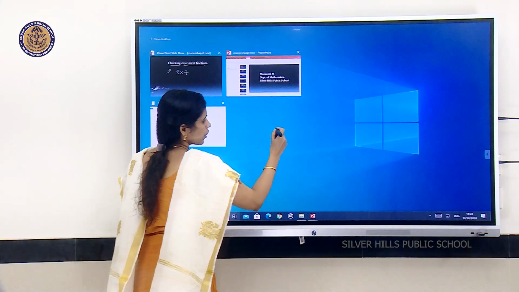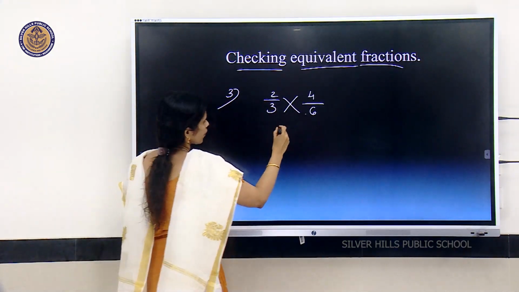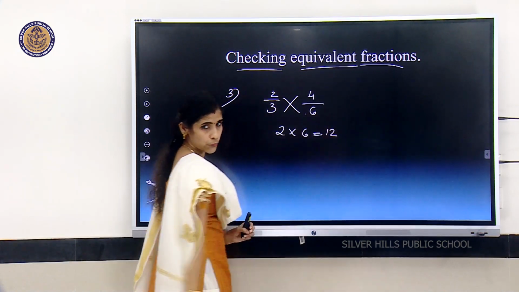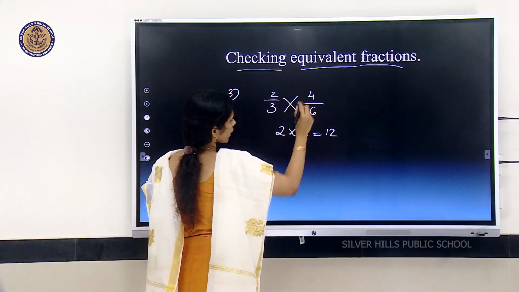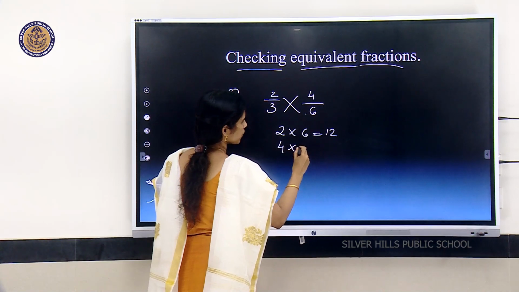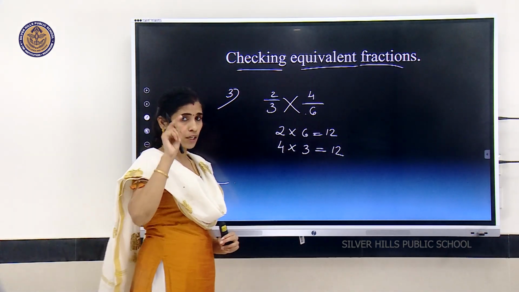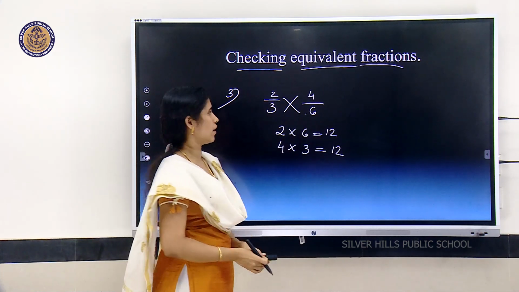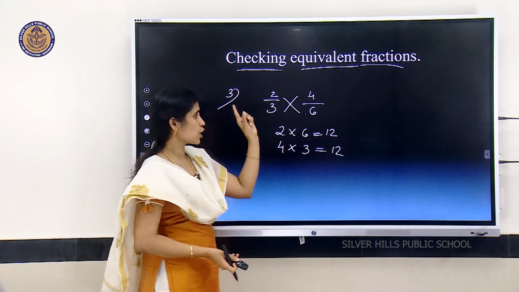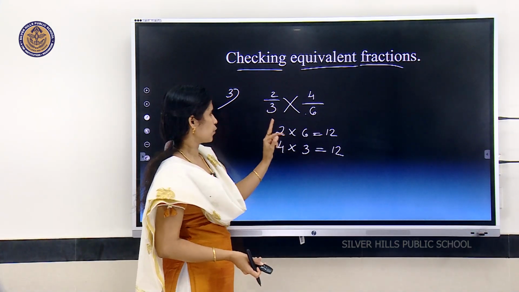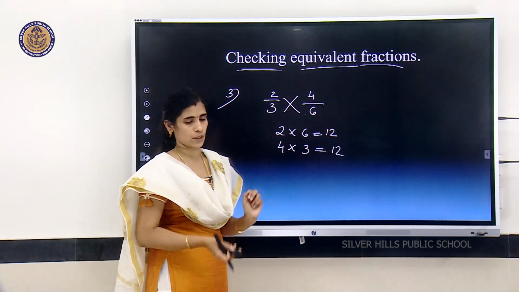That means 2 into 6 is equal to 12 and 4 into 3 is also equal to 12. Here the cross products are equal. Therefore, the fractions 2 by 3 and 4 by 6 are equivalent.